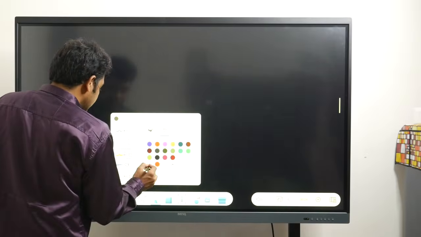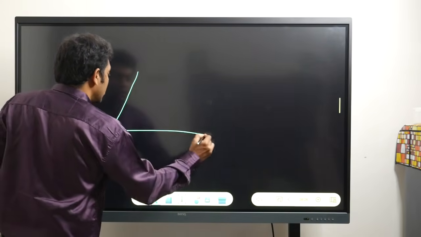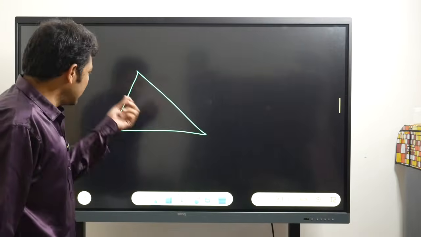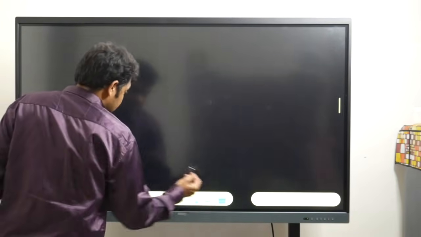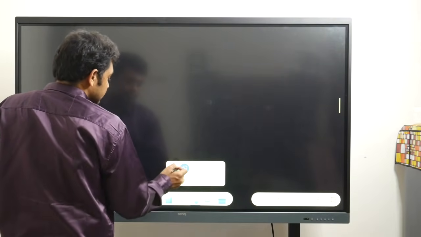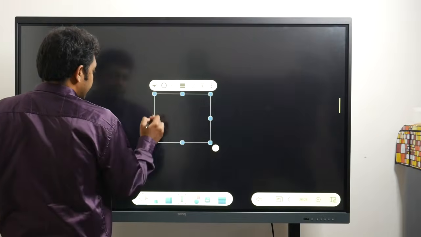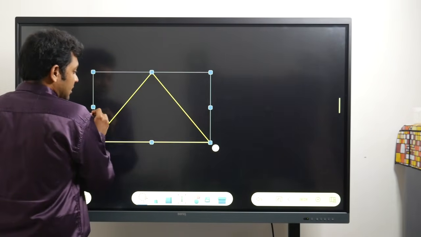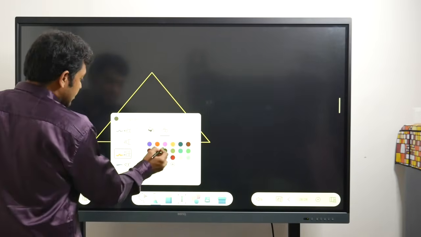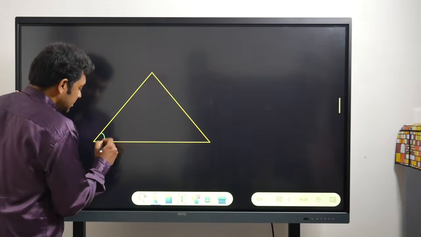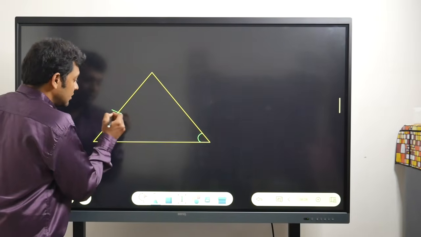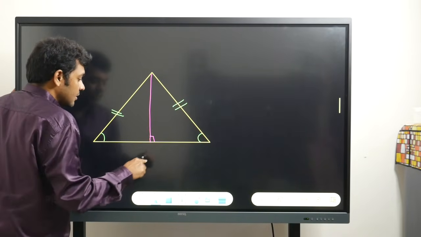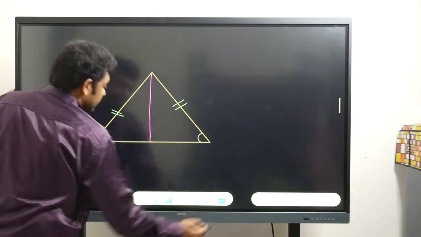And one more thing which I would like to tell you here. I told you about equilateral and right triangles. Now, in an isosceles triangle, let's say this is an isosceles triangle. What is an isosceles triangle? These two angles are equal and these two sides are equal, and this is basically my median.